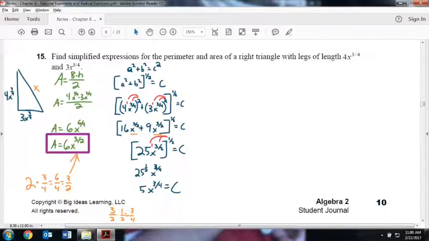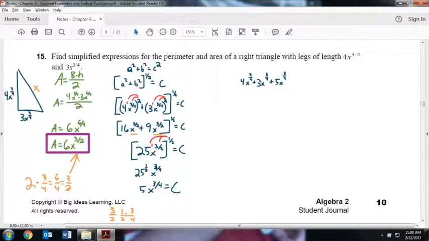So if you want the perimeter, you've got to add up all your sides. So your sides are 4x to the 3/4 plus 3x to the 3/4 plus 5x to the 3/4. It's actually a 3, 4, 5 right triangle if you remember that rule. But if you didn't, here's a way to do it.